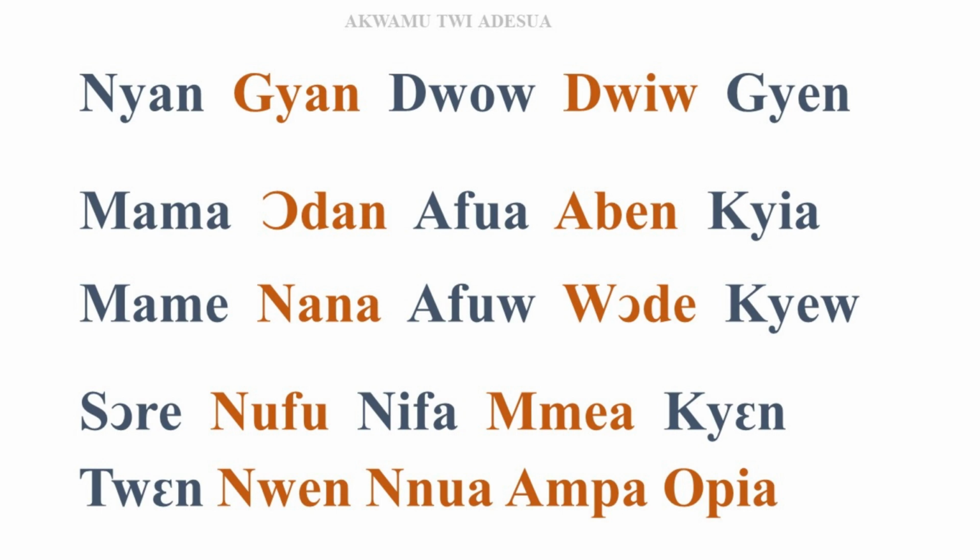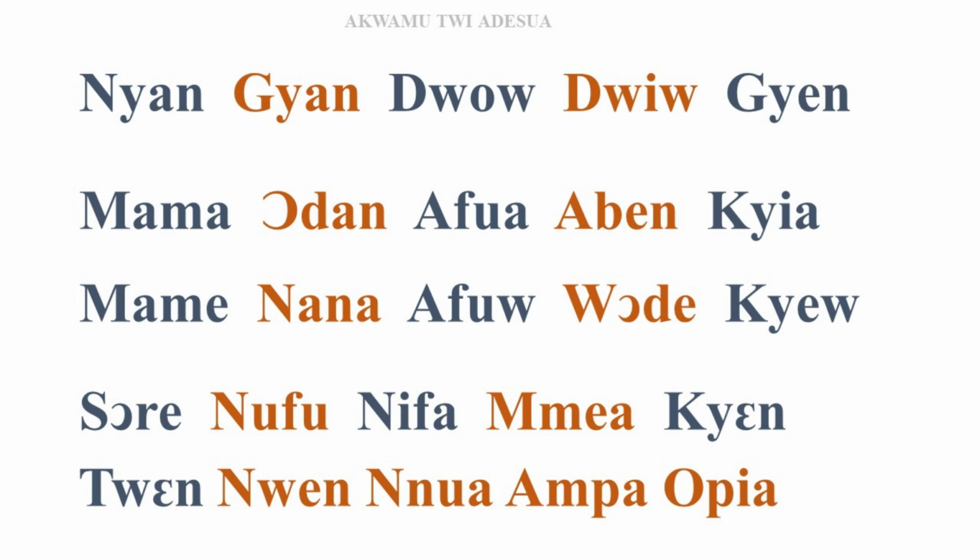Then we have A, and then plus A, give us Mama. And now Mama. We have O, D, A, which is the O plus the D, the A, and the N will give us Odang.